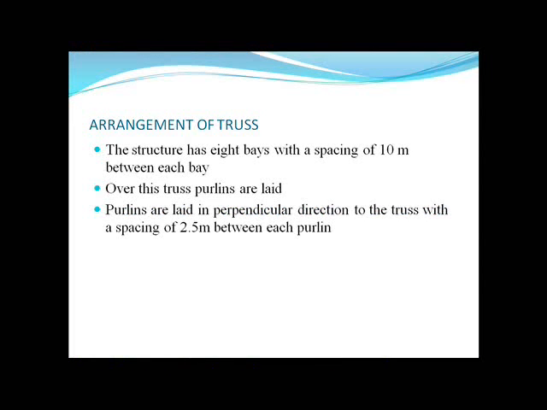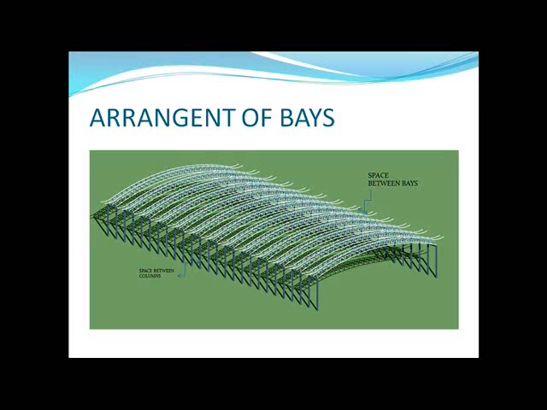Coming to the arrangement of trusses, our structure consists of 8 bays with a spacing of 10 meters between each bay. Purlins are perpendicular to the truss direction, with a spacing of 2.5 meters between the purlins, which is represented in the diagram.